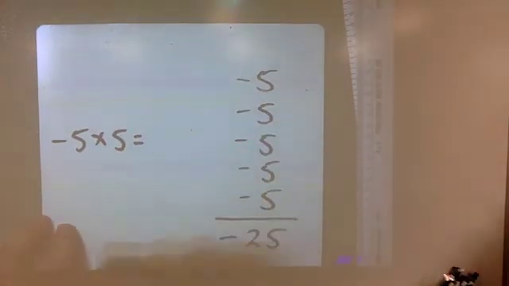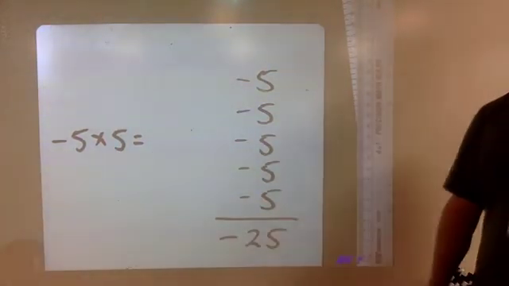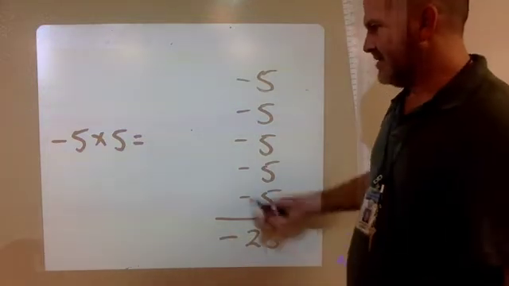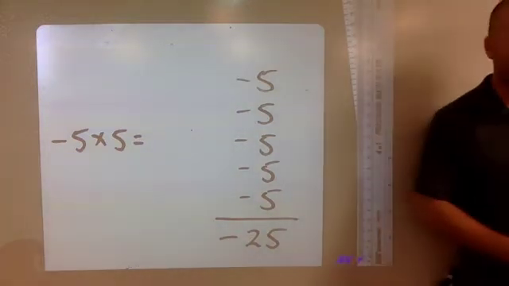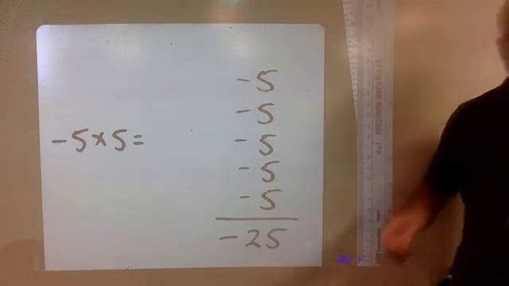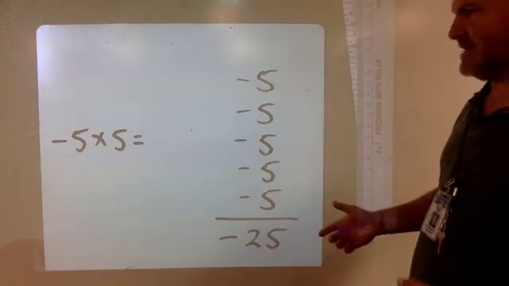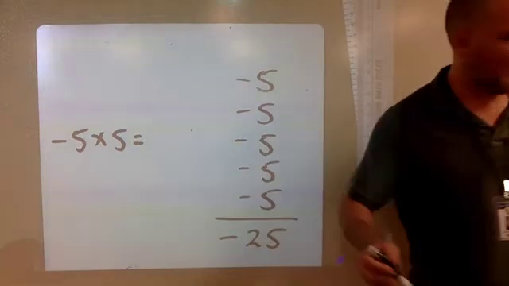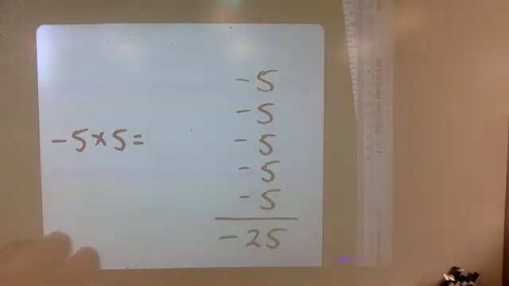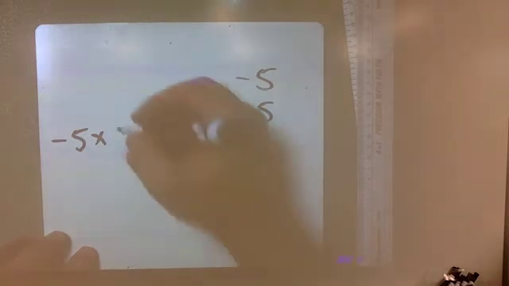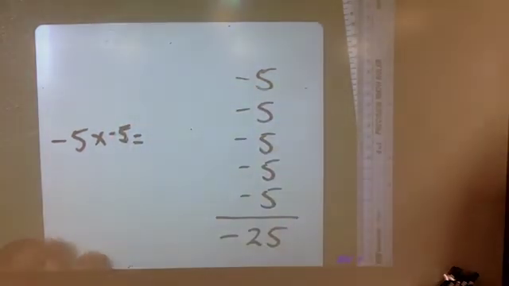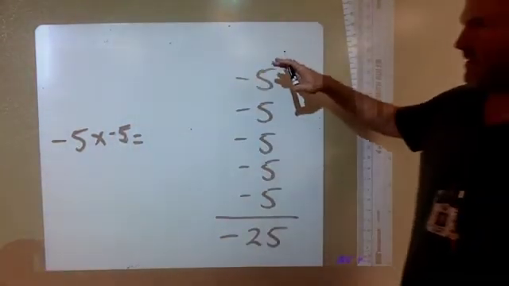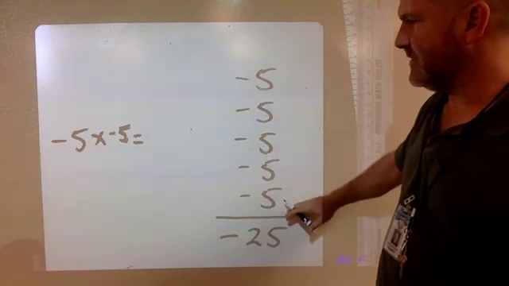So that's really it for the analogy. A little bit easier this time than last time. I could try and give you an analogy for negative times a negative, but the best way to explain that, I think, is that a negative is the opposite of a positive. It's harder to describe with multiplication being a shortcut for addition.